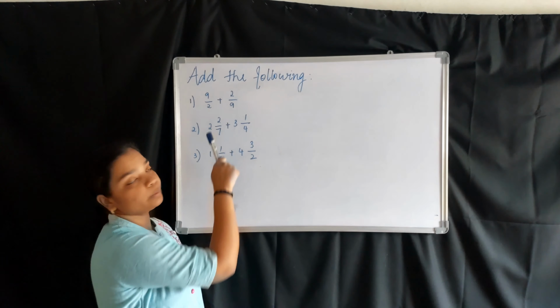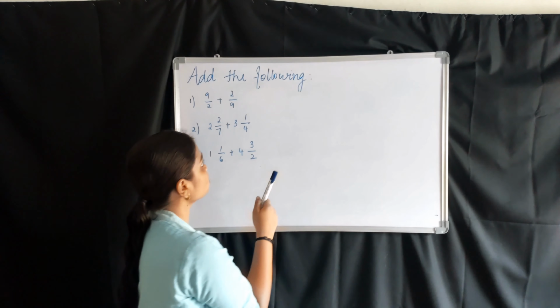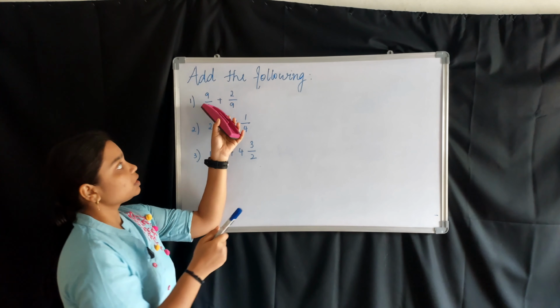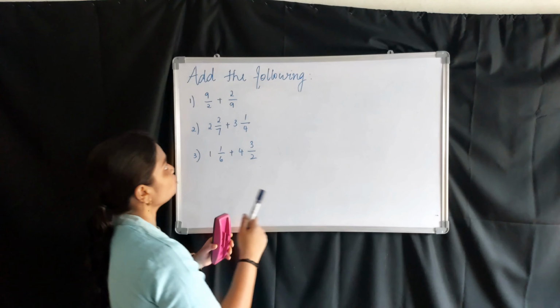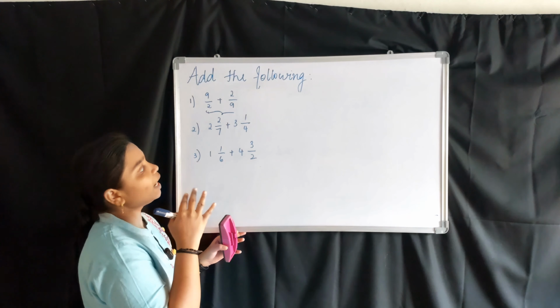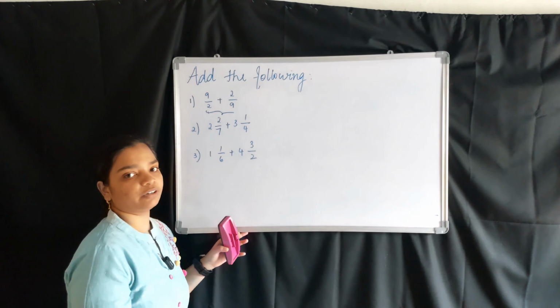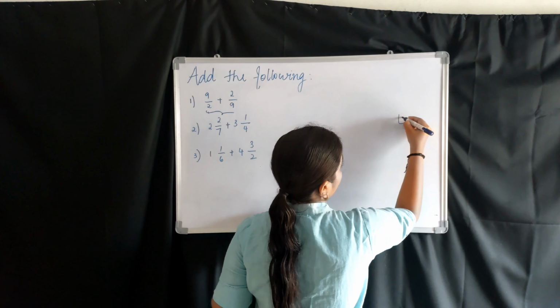Now we have mixed fractions also for addition. Let's see how we will solve them. Before that, this is a proper fraction plus an improper fraction. We see that the numerators are different and the denominators are also different. So when denominators are different, we'll have to go with the LCM of the denominators.